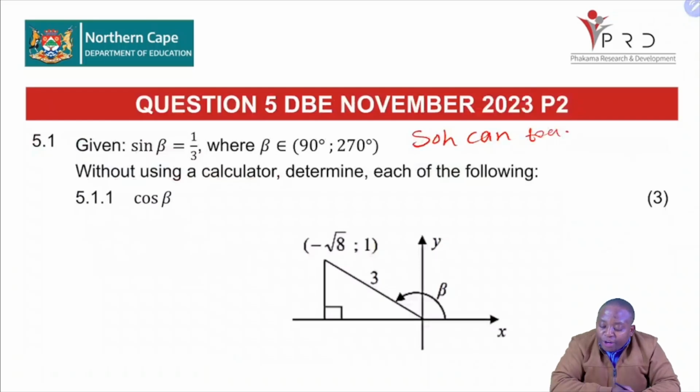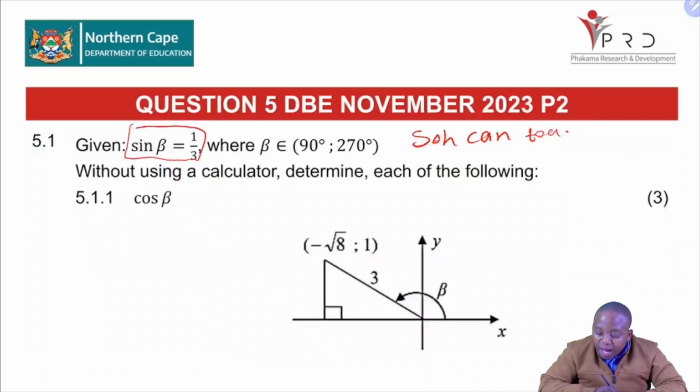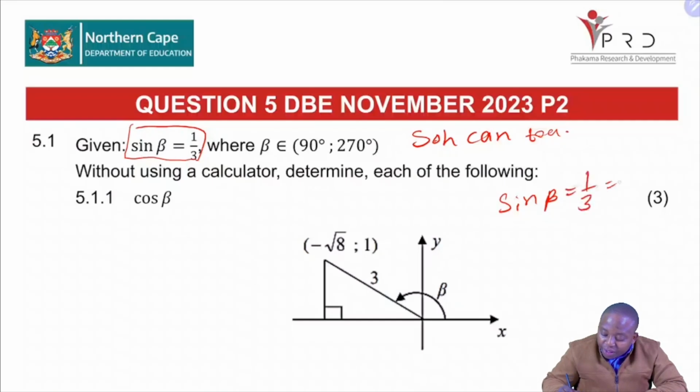And we remember very well that on our soccer tool, we are given the angle of sine. Then we know that sine is opposite over hypotenuse. Now, I have sine beta, which is 1 over 3. This is opposite over hypotenuse according to our soccer tool.